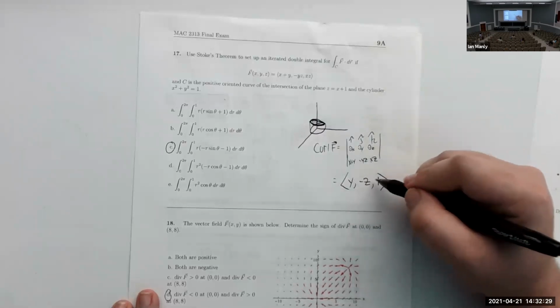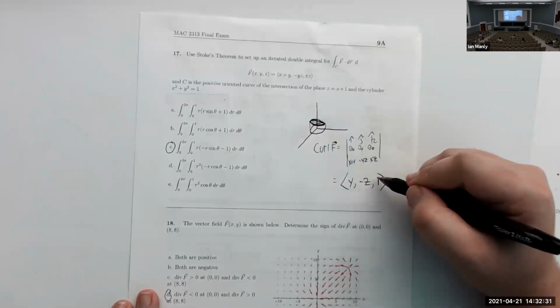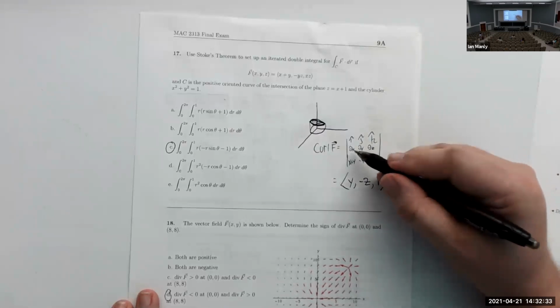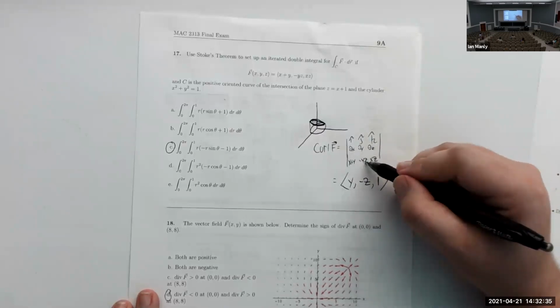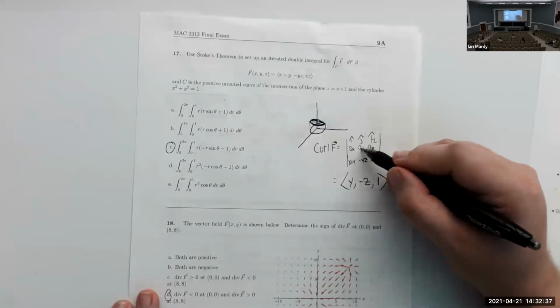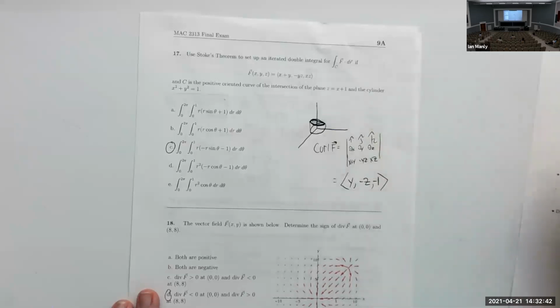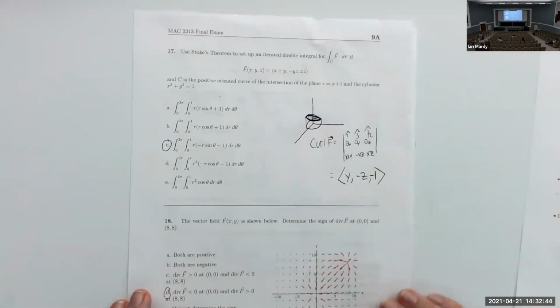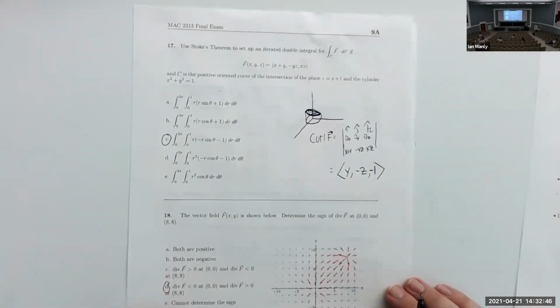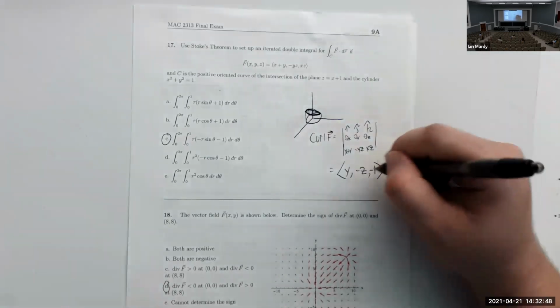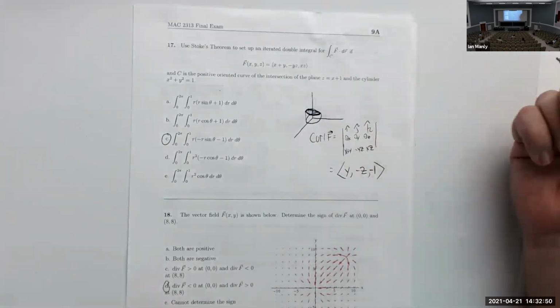Which component was this for? The last one? Okay. I have the x derivative of this is 0. And then I have the y derivative. Oh, it's negative 1. Thank you. Yeah, because it's the second one. Thank you very much. All right. So anyway, that's our curl for real this time.